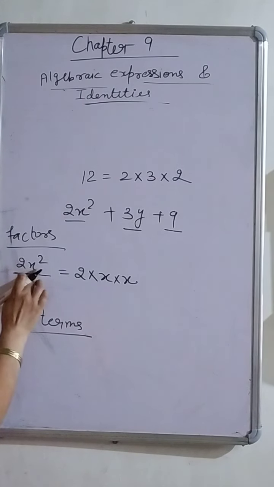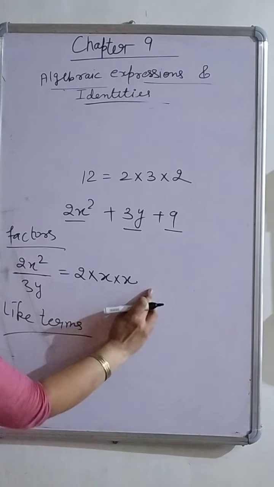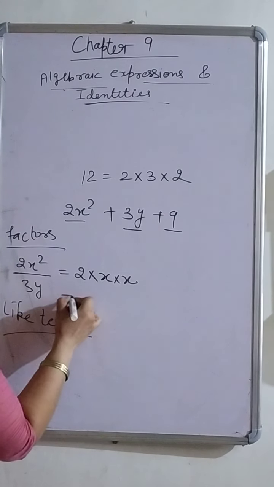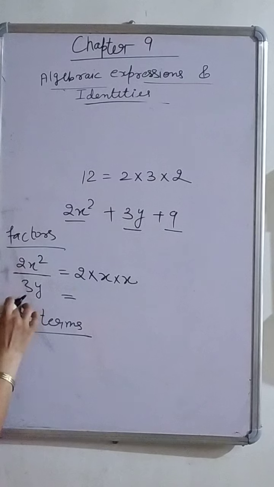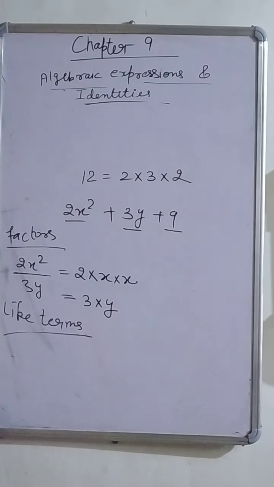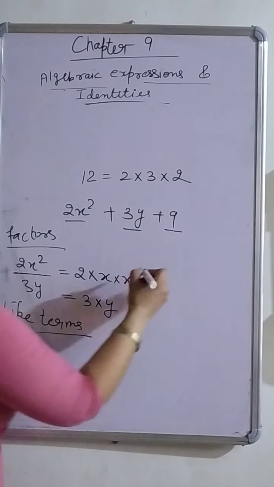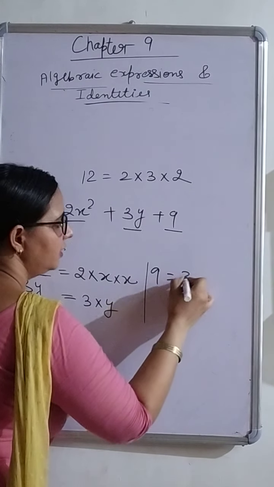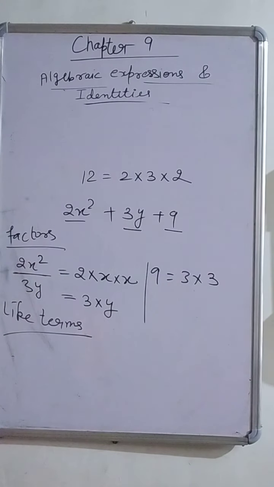So the factors of 2x square are 2 into x into x. Next is 3y, numerical factor 3 and variable factor y, so 3 into y. Next 9 we can write as 3 into 3. So these are factors. As we can factorize numbers, we can factorize terms of an expression also.